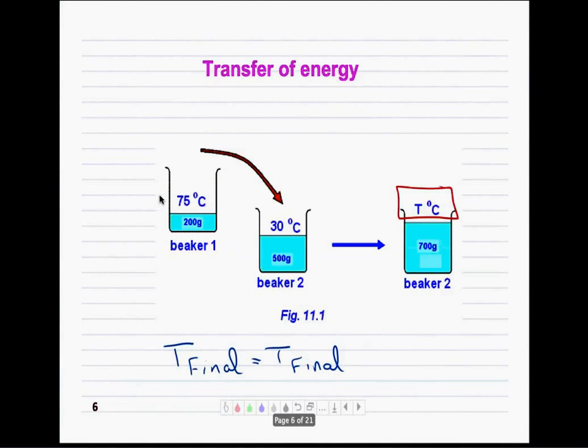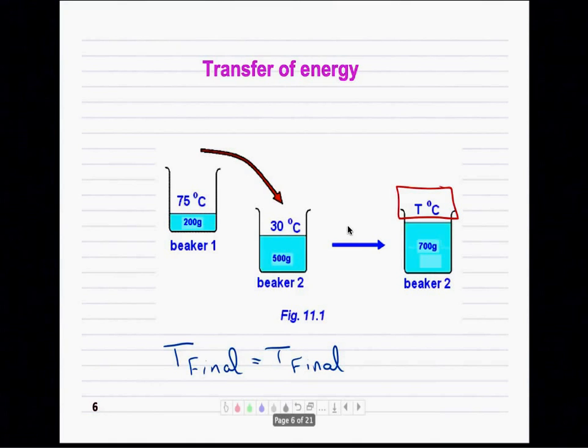So, an example of that: let's say I have a beaker with 200 grams of water at 75. Then I have another beaker with 500 grams of water at 30.